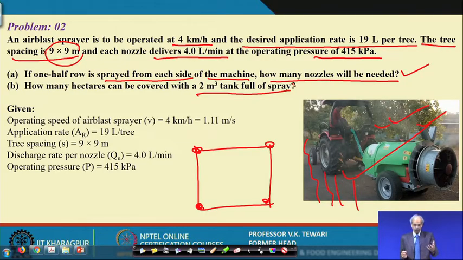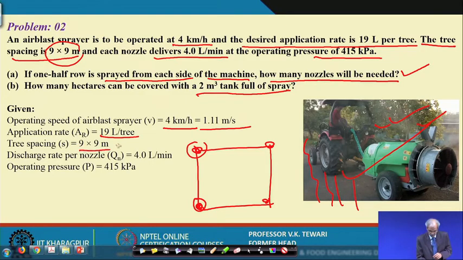Now, let us see how you will approach this. What is given to us? The spacing, that means the distance between one tree and another tree, is given. The speed of 4 km per hour is given, which can be changed to 1.11 meter per second. The application rate is 19 liter per tree, so that much you have to apply. You must know how long the nozzle must spray so that you get that much.